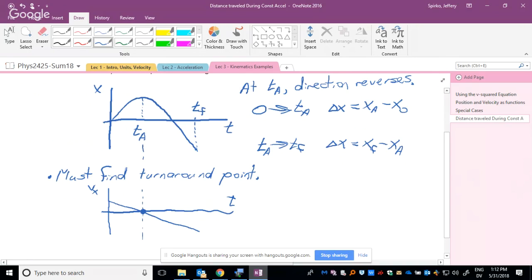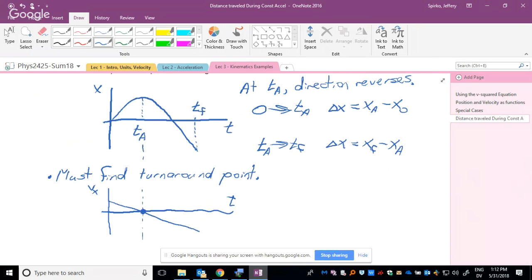Then you can figure out where this final point is, so that you can calculate a displacement to get to point A and a displacement to get from point A to the end. And that's why for parts C and D of that question, you have an object with a given positive acceleration. It has a positive final velocity.